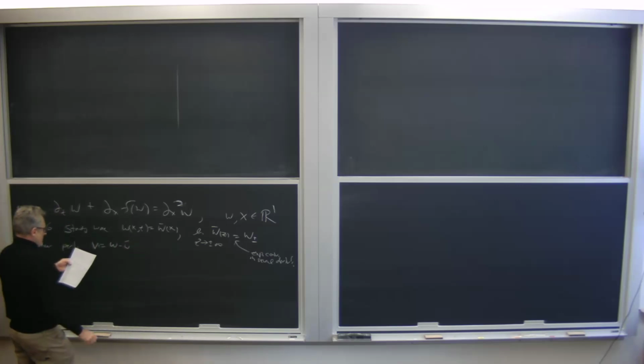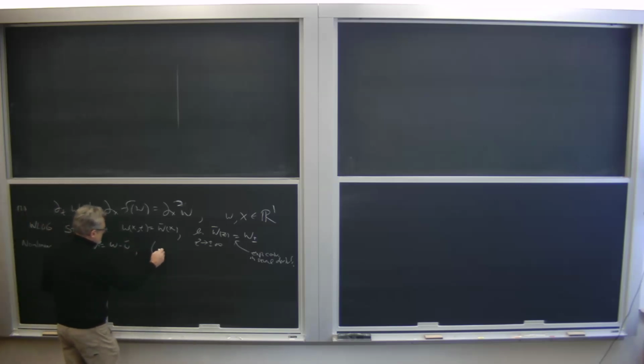Okay, now we'll introduce a nonlinear perturbation, V. V will be defined as W minus W bar, or equivalently, we can write W equals W bar plus V, which we'll use below.